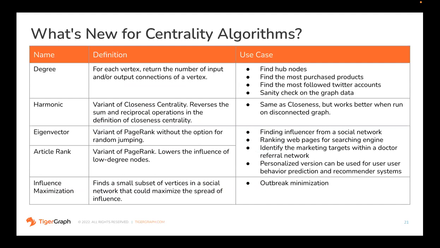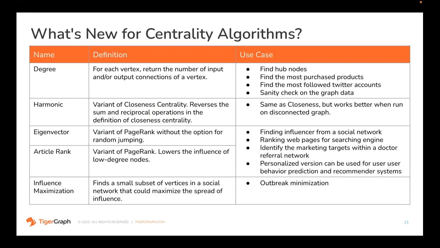The last category I'm going to talk about is centrality algorithms. And here you're going to see there's a pretty close association with some of our existing older algorithms. Starting with degree. Degree is one of those very basic ones where we didn't include it originally, but just for completeness, we did.